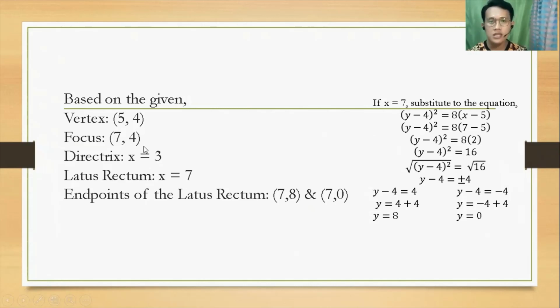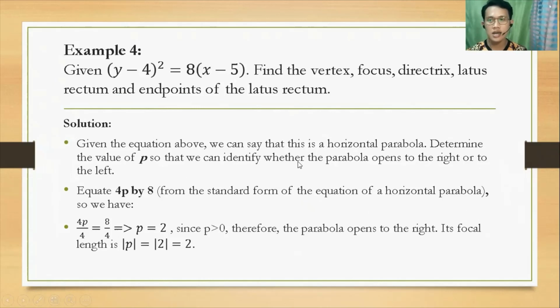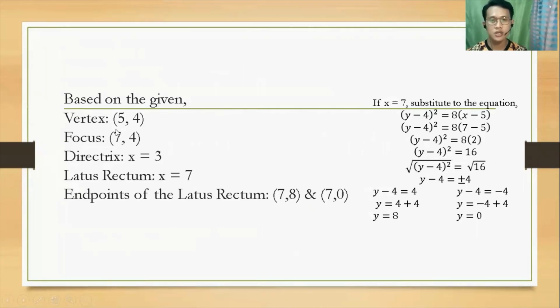And for our directrix, since it's opening to the right, you need to move to the left for the directrix. So from 5 moving to the left, that's 5 minus 2, so you will have x = 3.